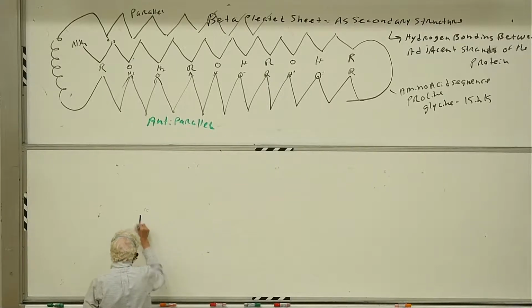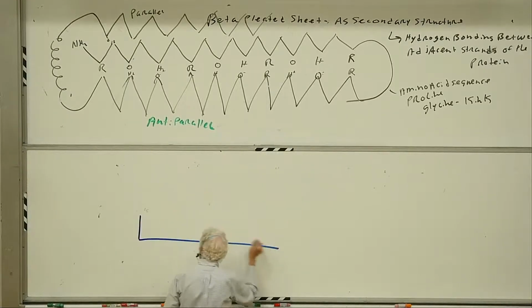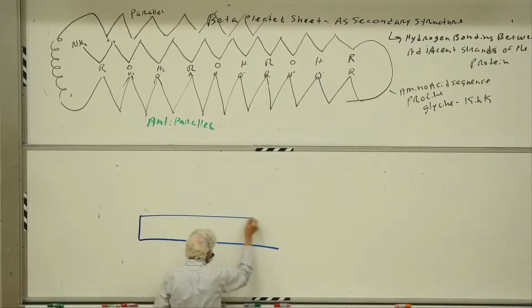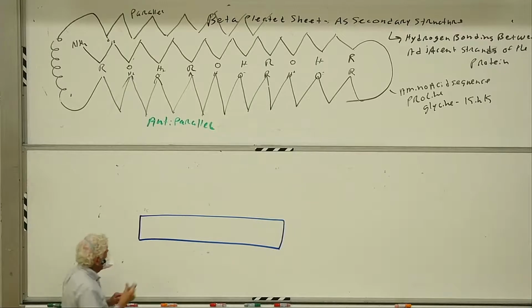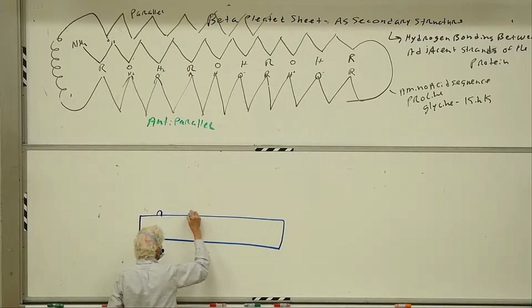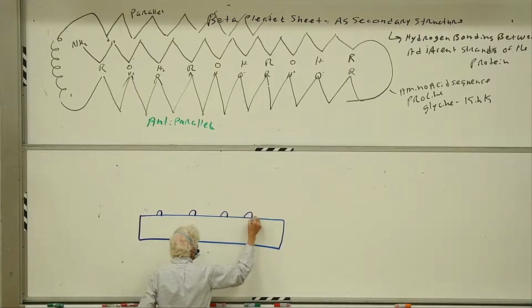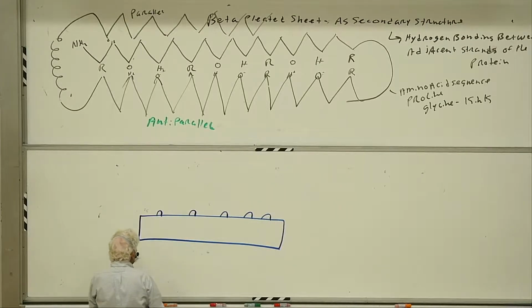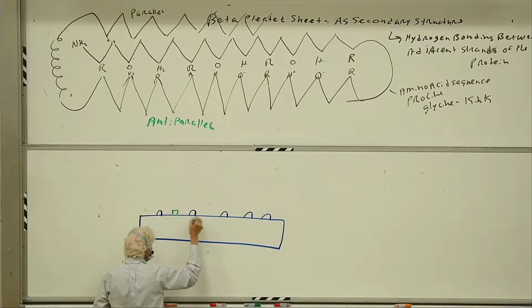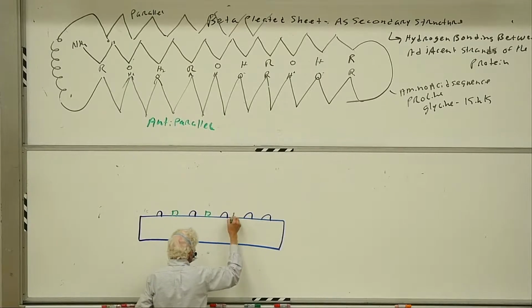So this is meant to be the backbone of the protein. This is a really oversimplified protein. And then that protein is made of amino acids, and so there will be R groups on here. And interspersed among those R groups will be some others.